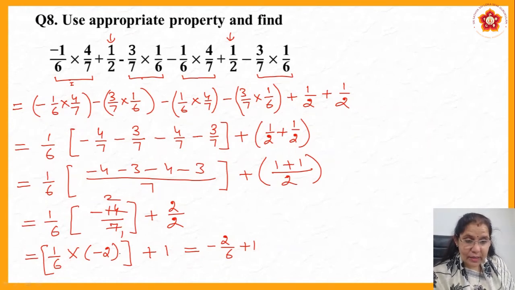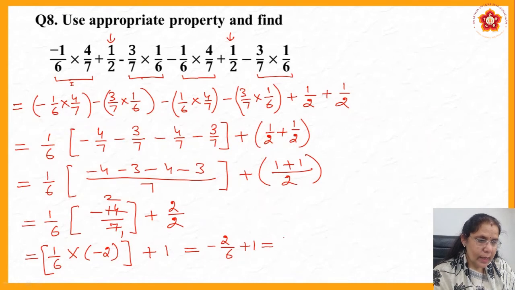I have put the bracket here. Even if I don't put the bracket, then also you have to remember the BODMAS rule. Multiplication will be done first. Addition will be done later on. So we have to first solve 1 upon 6 multiplied by minus 2. We cannot solve minus 2 plus 1 first. BODMAS rule has to be obeyed.